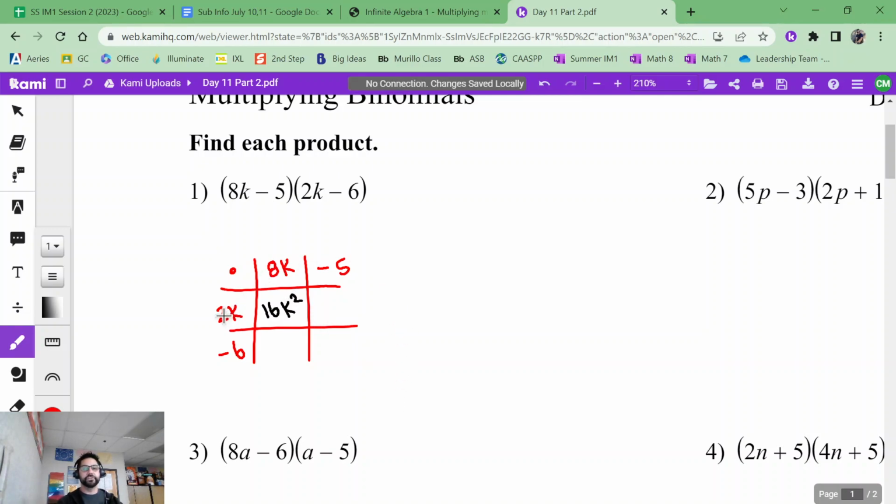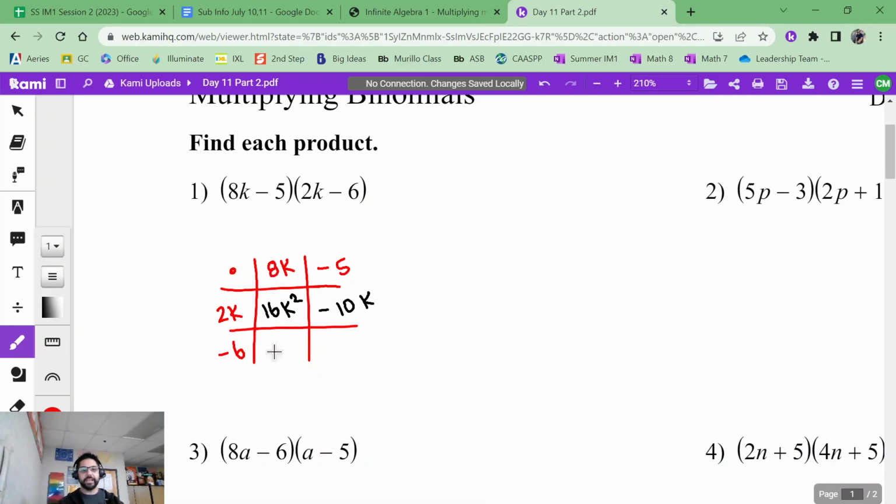Then we're going to do 2 multiplied by -5, which is -10, and the k is going to tag along. So once again, 2 times 8 is 16, k times k is k squared, first box. 2 times -5 is -10, k tags along.